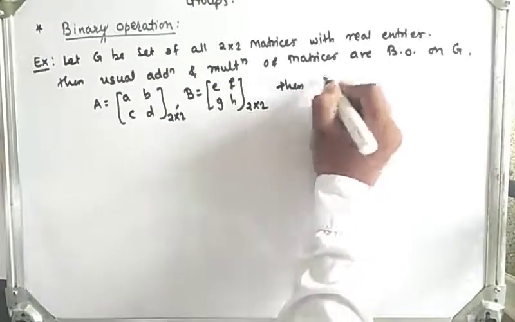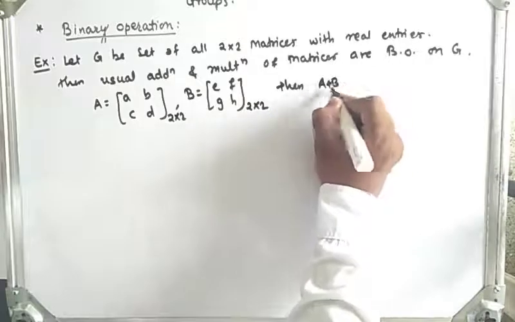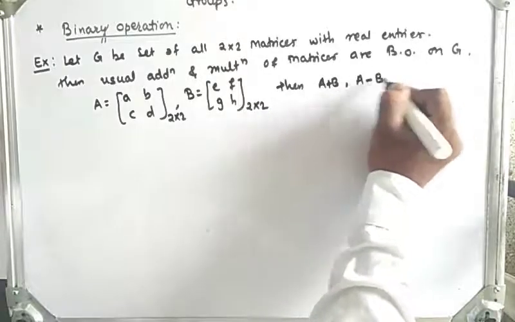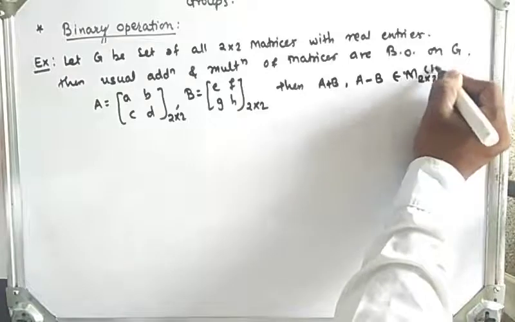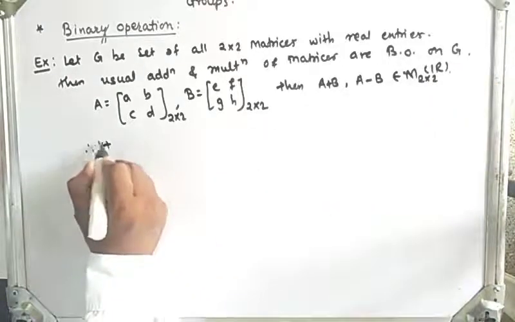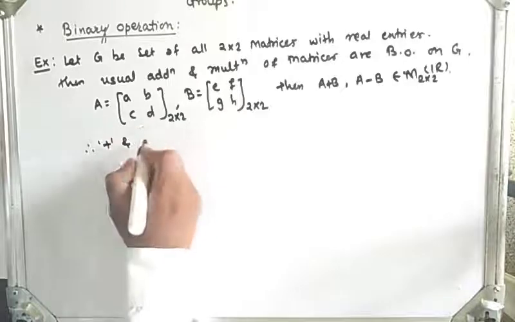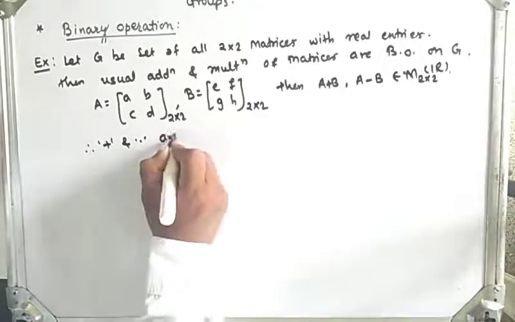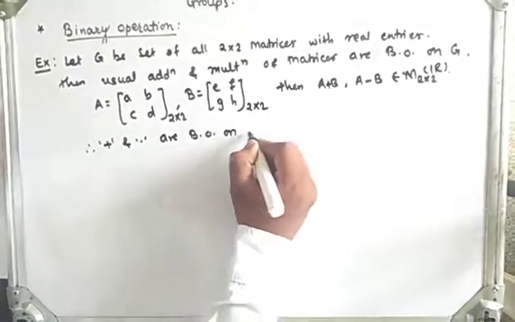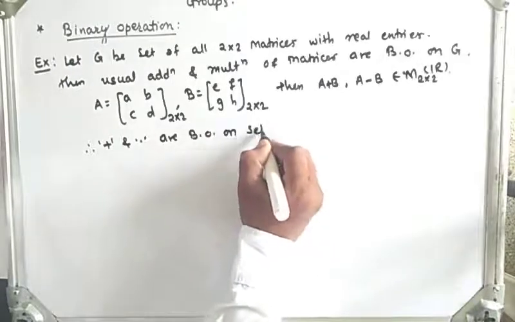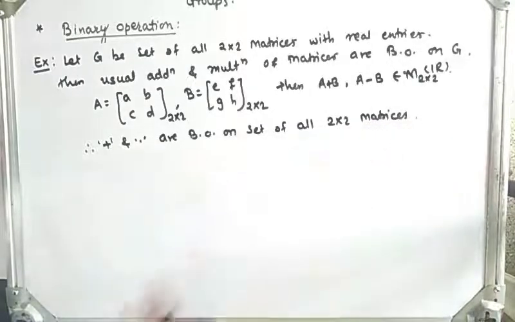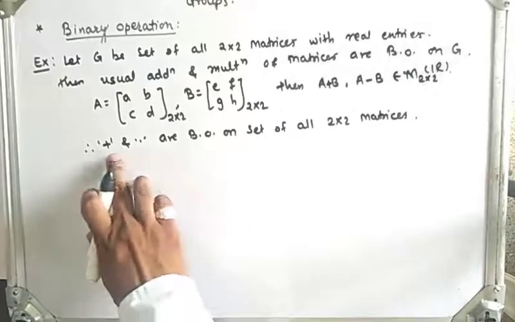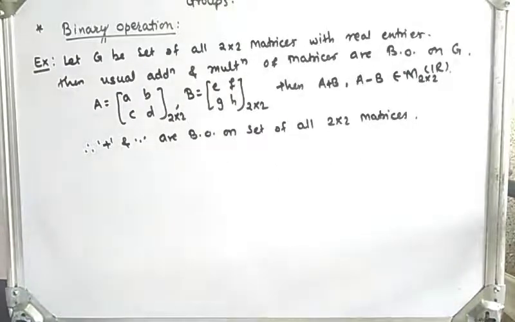Then A times B, or their addition A plus B and A minus B, also belong to the set of all 2 by 2 matrices, where the entries are real. Therefore addition and multiplication are binary operations on the set of all 2 by 2 matrices, right? It means this set is closed under addition and multiplication.